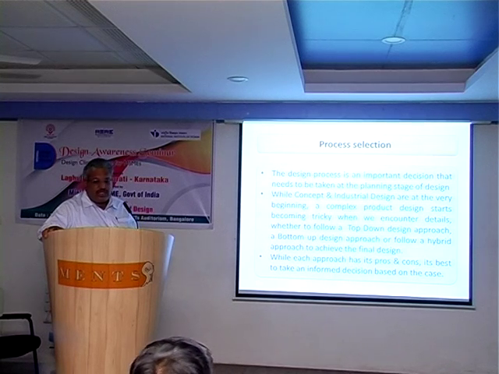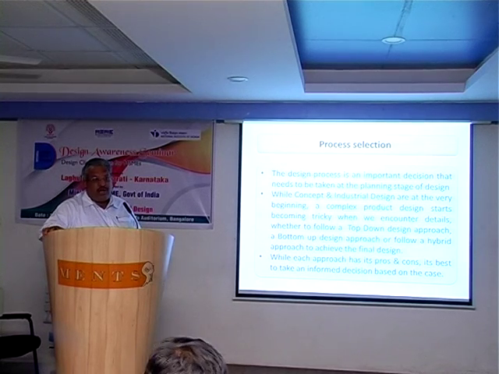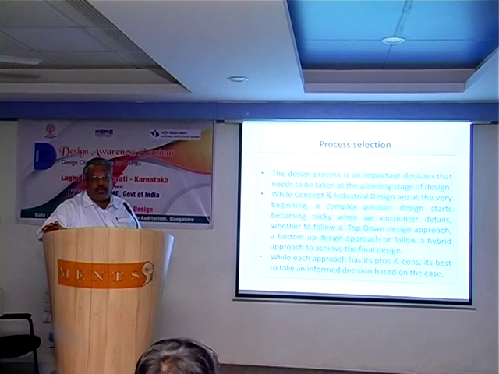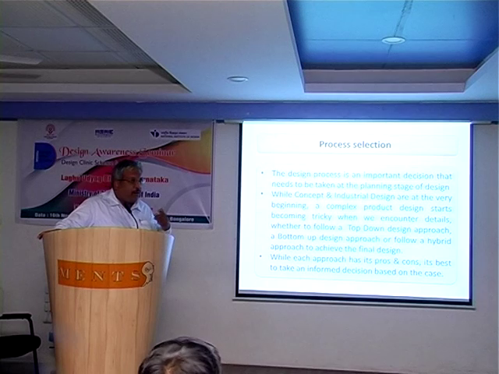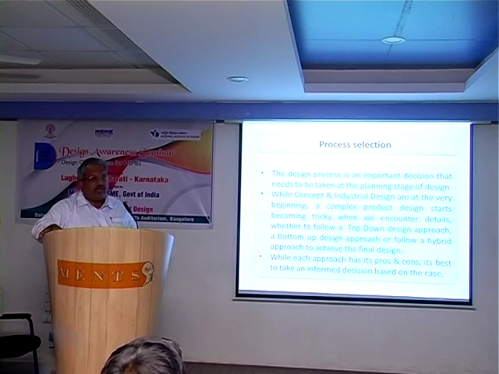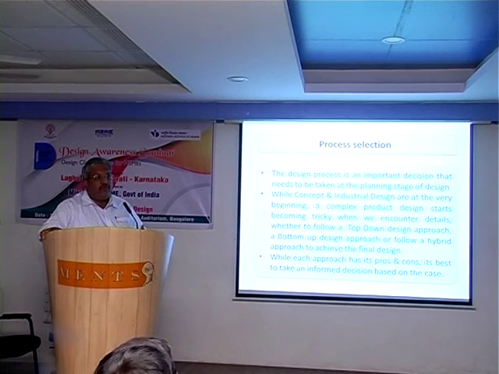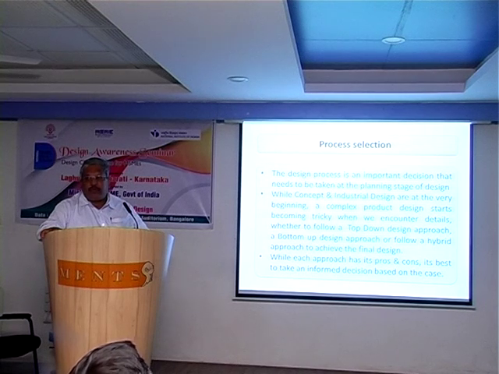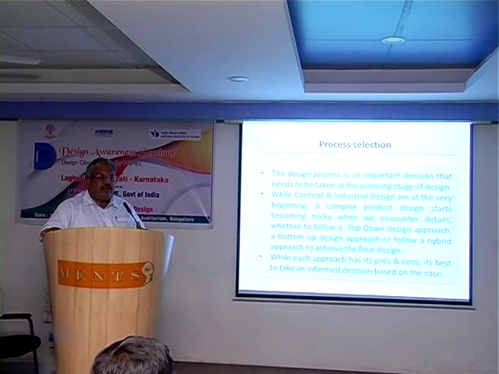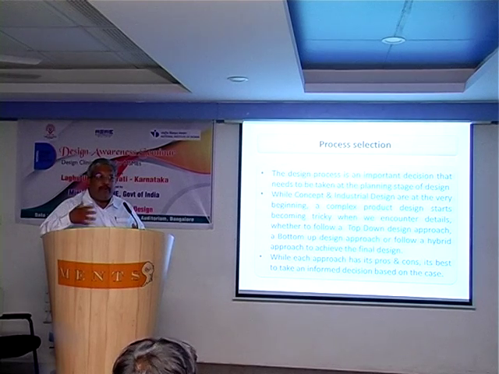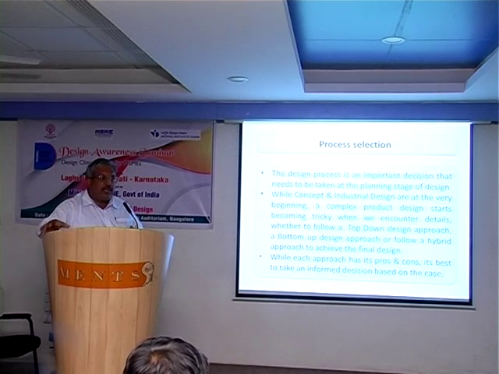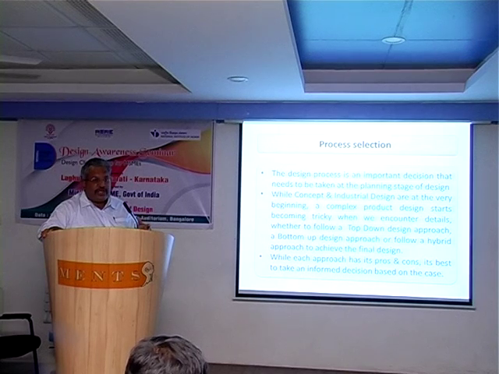And process selection. What process do we follow in the product design stage? There are two or three approaches that we follow. One is called a top-down approach, wherein the skeleton of the product is first designed and developed, and all the paraphernalia, the external parts, are built around the skeleton.